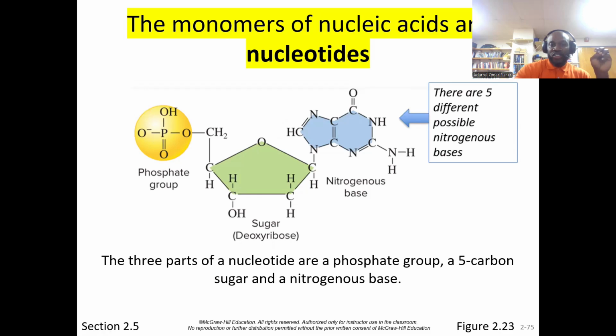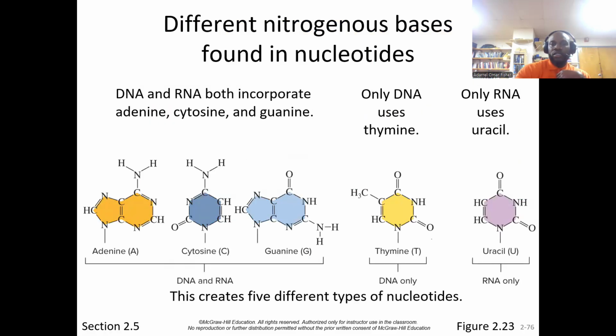Monomers of the nucleic acids are the nucleotides, which have three parts: a phosphate group, a carbon sugar, and a nitrogenous base. There are different nitrogenous bases found in nucleotides, right? We have A, C, and G found in both DNA and RNA, but DNA only uses thymine, and RNA only uses uracil.